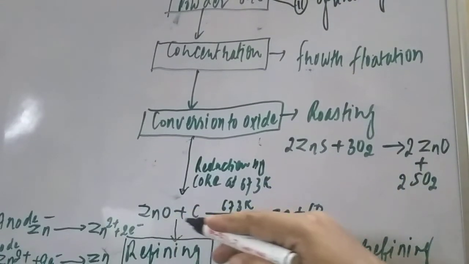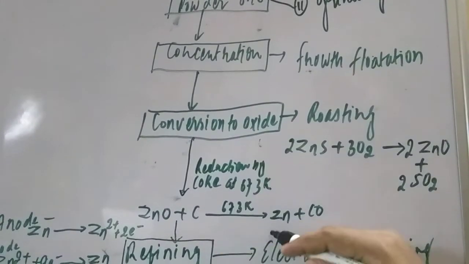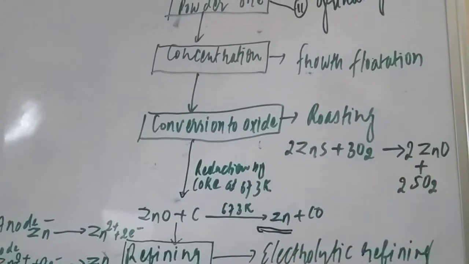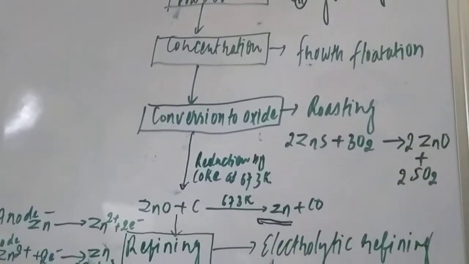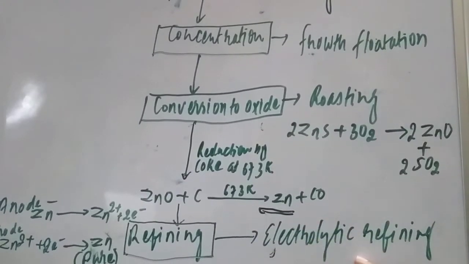So ZnO plus carbon reduces into zinc. Now this zinc has to be refined. This is the raw zinc.